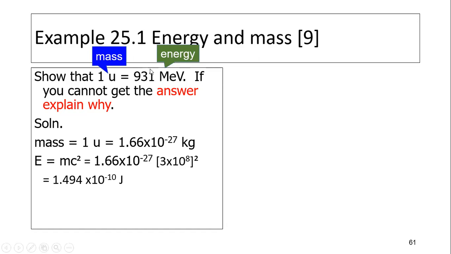If you cannot get this number, then explain why you cannot get it. Did you do the calculation wrong? Divide by 1.6 × 10 to the power minus 19.